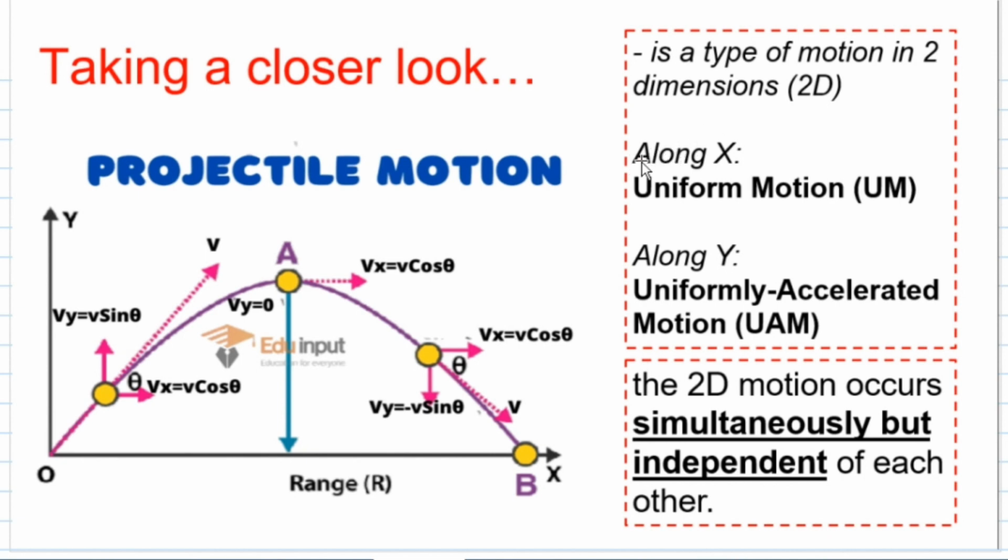So, there is a motion along x. Okay? Specifically, uniform motion exists in the horizontal dimension or along x. On the other hand, along y, there is a uniformly accelerated motion. So again, what's the difference between the two?